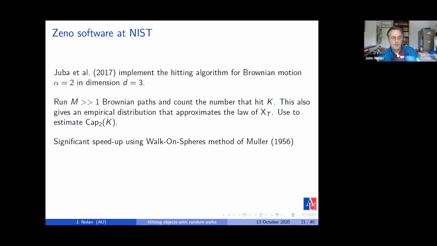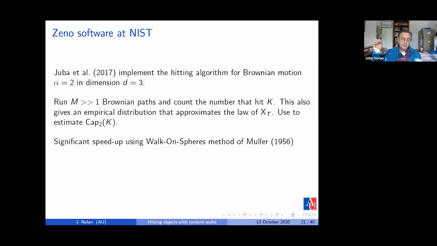Okay, so going back to Polya's quote that there are very few objects where we can actually find the capacity exactly. Jack and his group out at NIST developed a program based on random walks that allows you to compute the capacity to high accuracy. There's a paper by several people, including Jack and Deborah, who implement this hitting algorithm for Brownian motion when alpha equals 2 and dimension D is equal to 3.